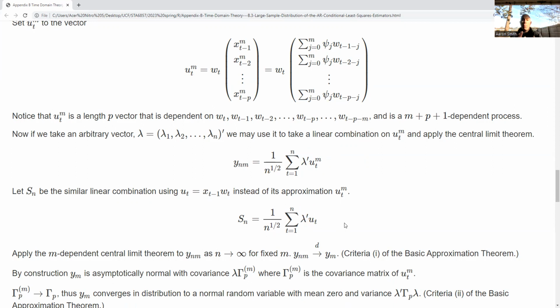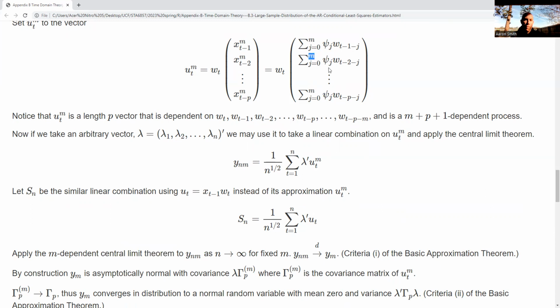All right, so now we're going to apply a central limit theorem as n goes to infinity for a fixed number of terms in the summation up here. So in these summations, when I take this limit, I'm going to say that I've got a fixed value of m, and I'm not changing that.